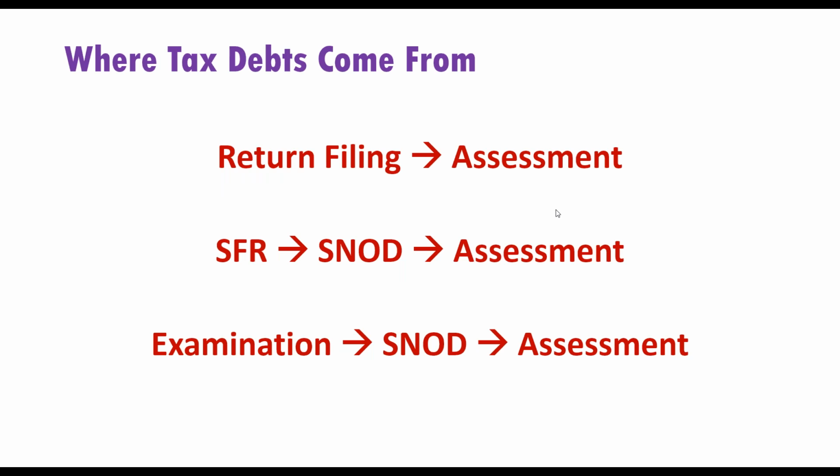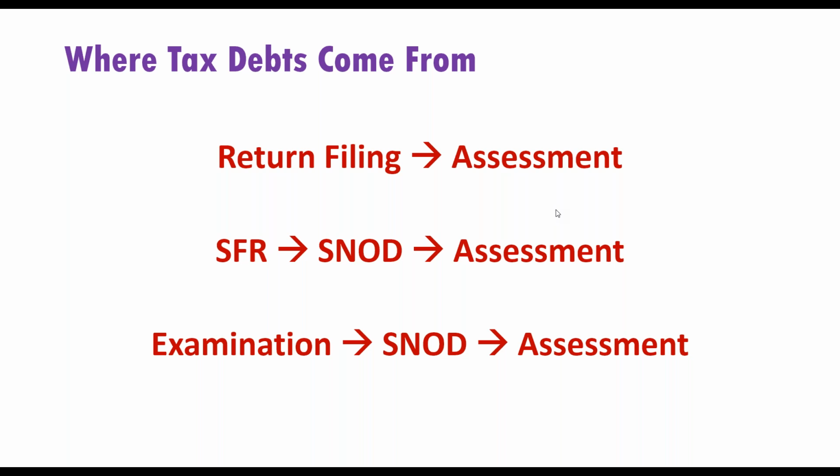So where do tax debts come from? I would hope that I don't have to spend a whole lot of time on this. I would expect that most of you would already realize that assessments come from either the filing of a return, they come out of examination, and they can also come out of the substitute for return, SFR, program. Now, after an SFR is filed by the IRS, or any changes are made by examination, there is a SNOD issued.